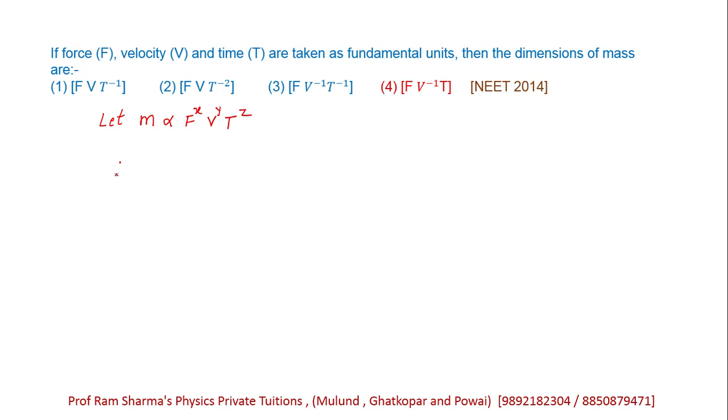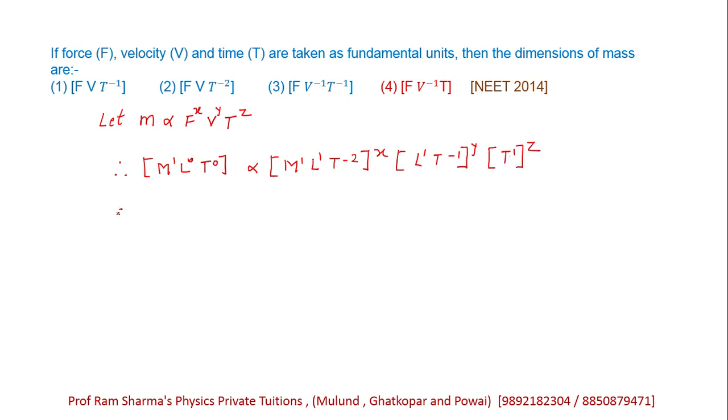So when we do that, we know that the dimension of mass is M1, L0, T0 proportional to, the dimension of force is M1, L1, T minus 2 and the power is X. The dimension of velocity is speed upon time, so it is L1, T minus 1 and the power is Y. And the last one is time. Time has dimension T1 and the power is Z.